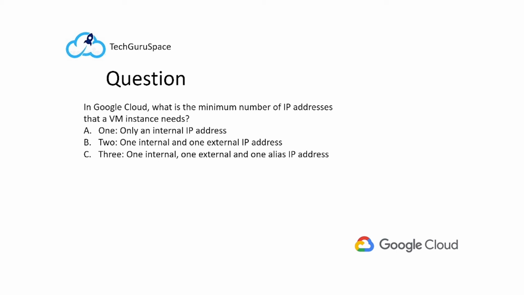Or C, three, one internal, one external, and one alias IP address. And our correct answer is A. In Google Cloud, each virtual machine needs to have an internal IP address. The external IP address is optional, therefore a VM instance only needs one IP address.